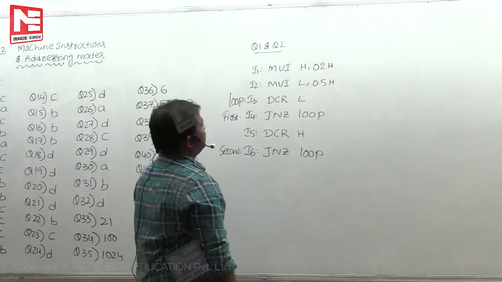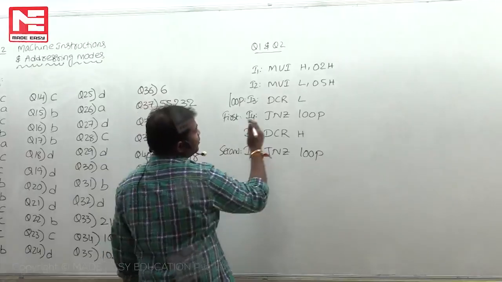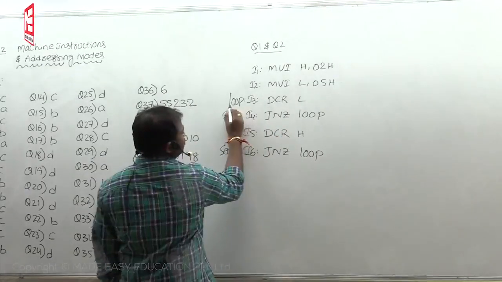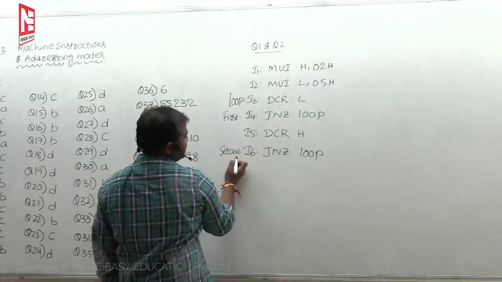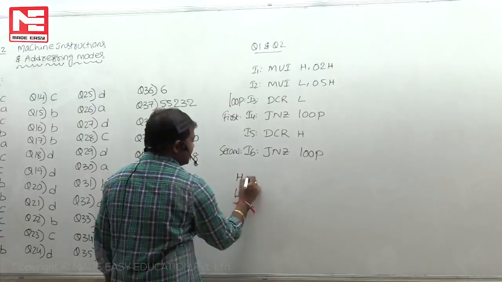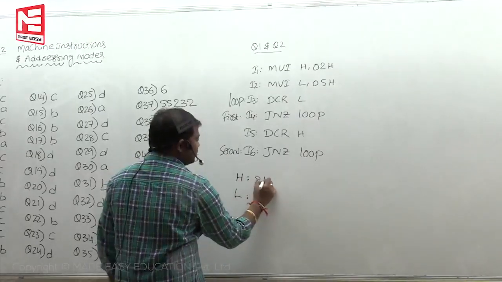The program is given. Decrement L, decrement H. This is the loop. This is the first JNZ, this is the second JNZ. What is H and what is L? H and L are the 8-bit registers.